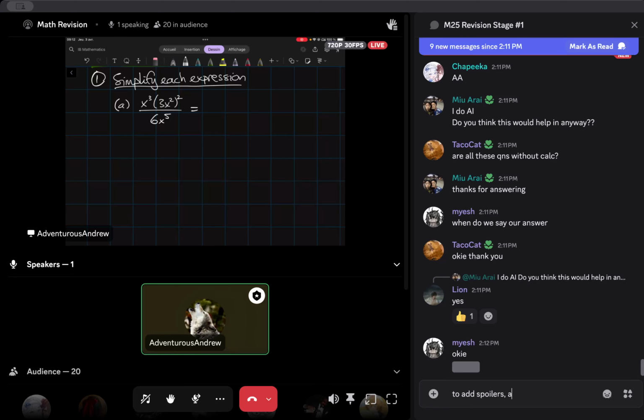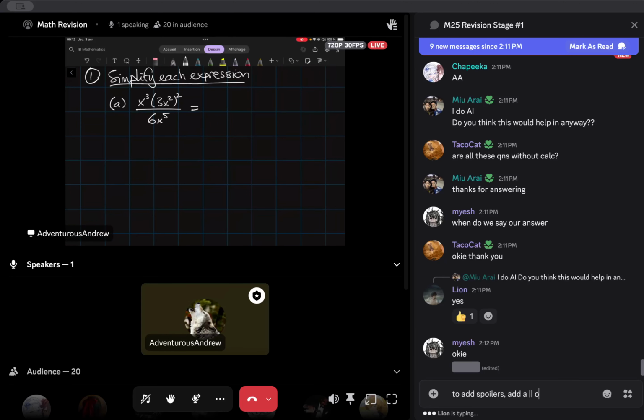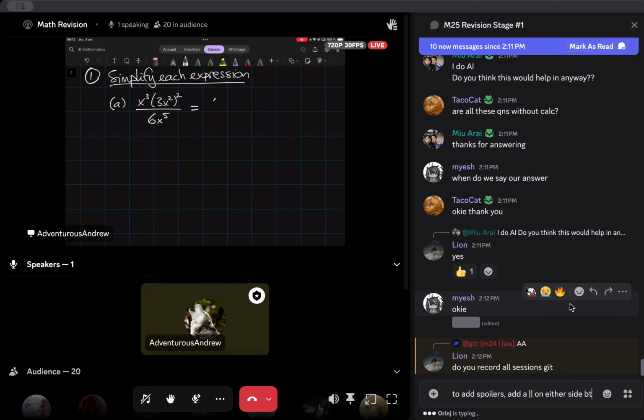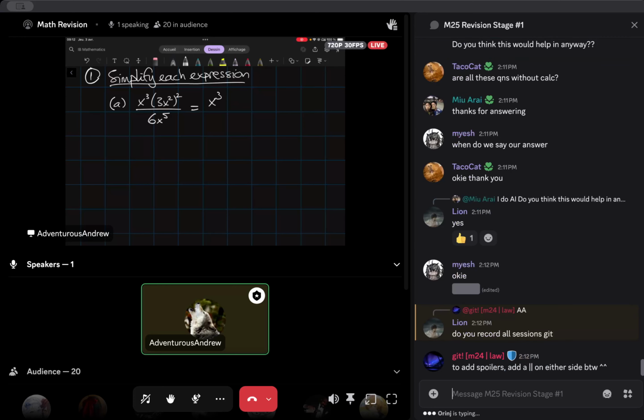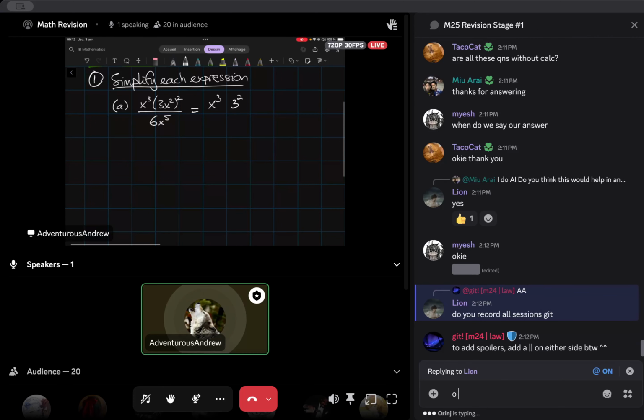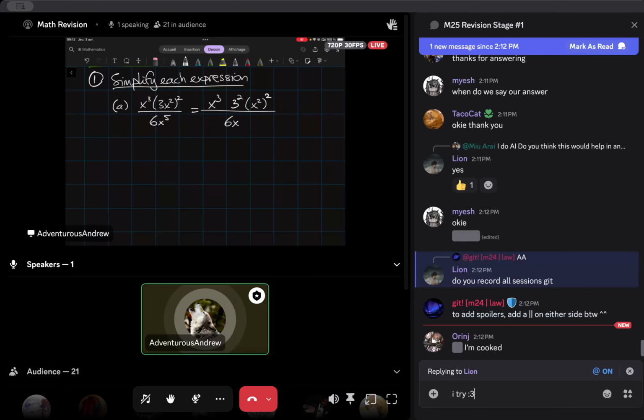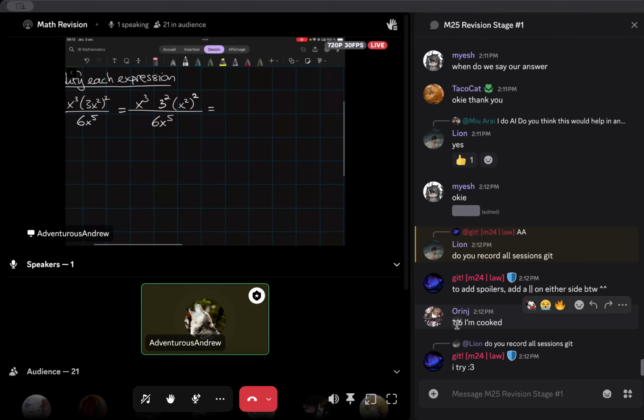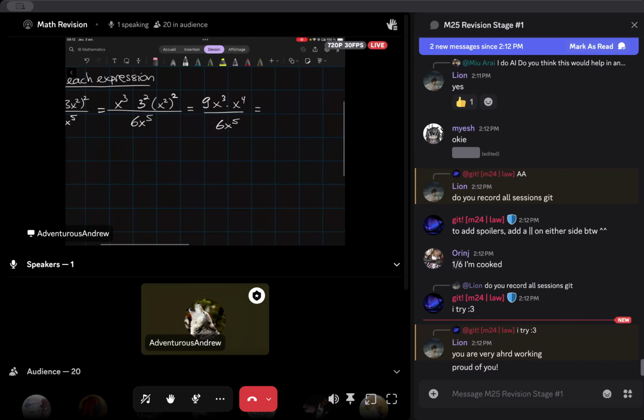1A is, of course, a warm-up. So, x cubed is as is. 3x squared, that's going to be 3 squared times x squared over 6x to the 5. 3 squared, that's 9. x cubed times x to the 4 divided by 6x to the 5. Simplifying the constants.